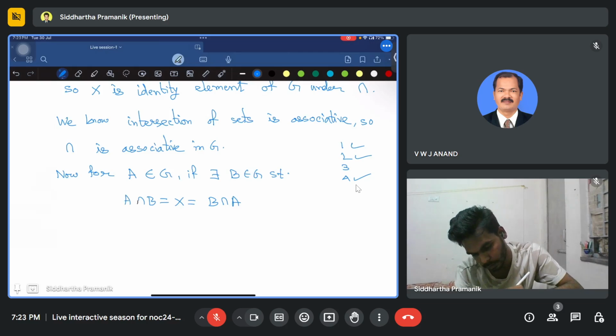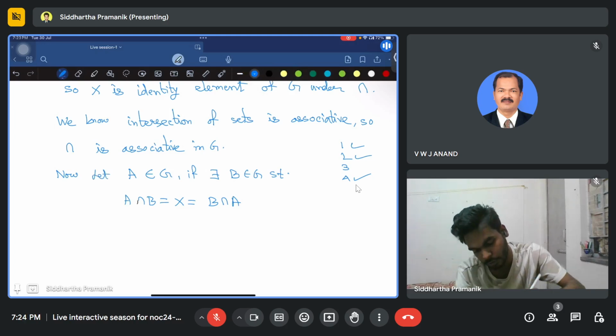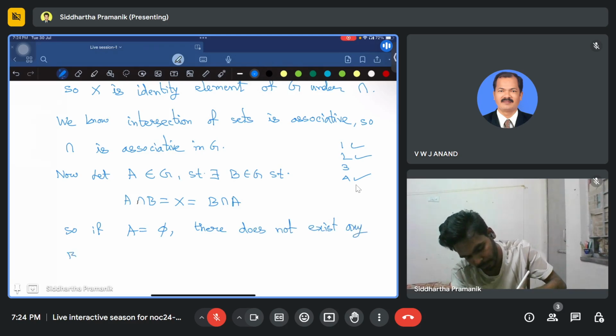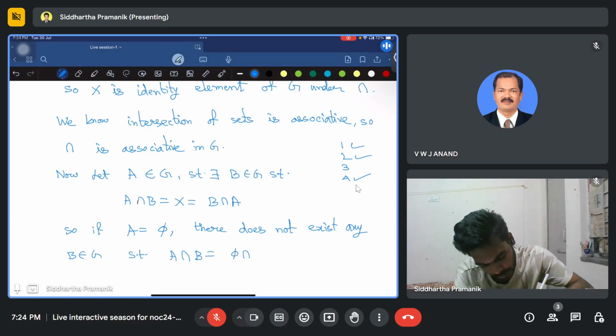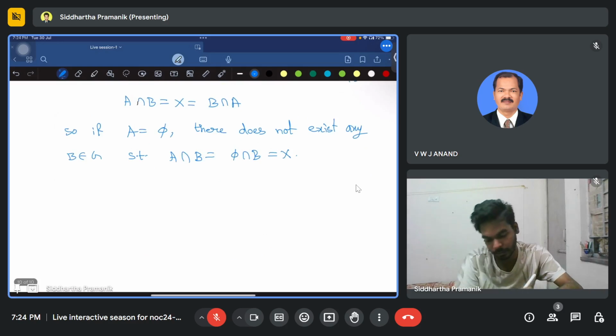Now let A belong to G such that A equals phi. There does not exist any element B in G such that A intersection B, which is the same as phi intersection B, is X. So the element phi has no inverse.